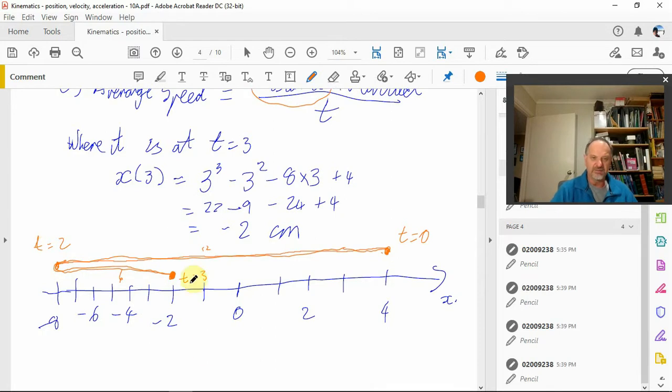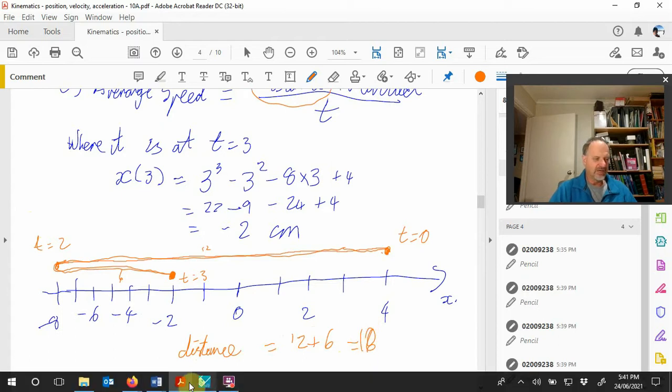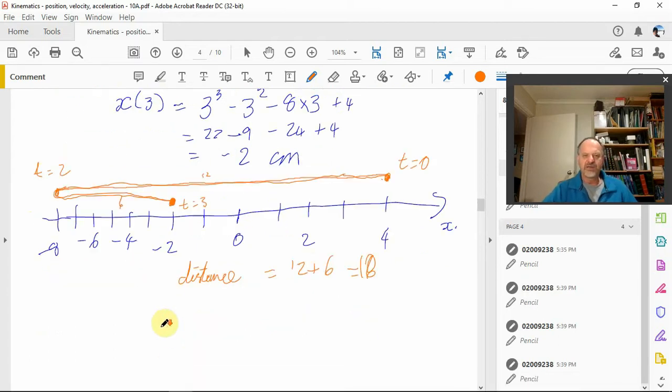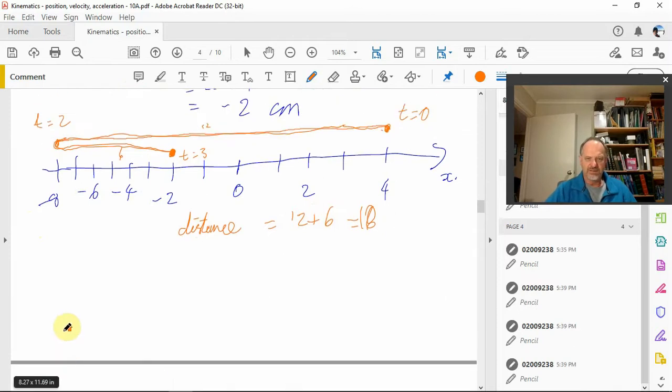All right, so our distance then would be the 12 plus the 6, which is 18. Not 16, 18. And so our average speed is our distance travelled, 18, over our time, 3 seconds. So our average speed is 6 centimetres per second.